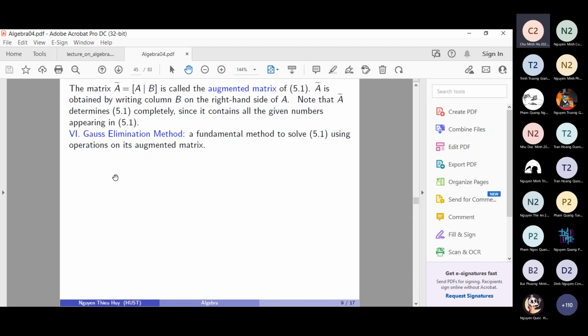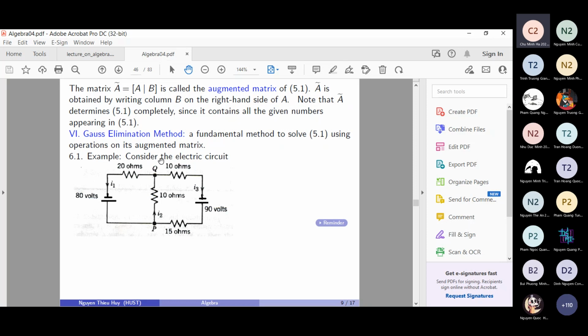Now let me consider this simple electric circuit, which contains two loops, the left loop and the right loop, and you have some resistors here, and you have two sources. We call them electromotive forces, or you can call them simply sources.